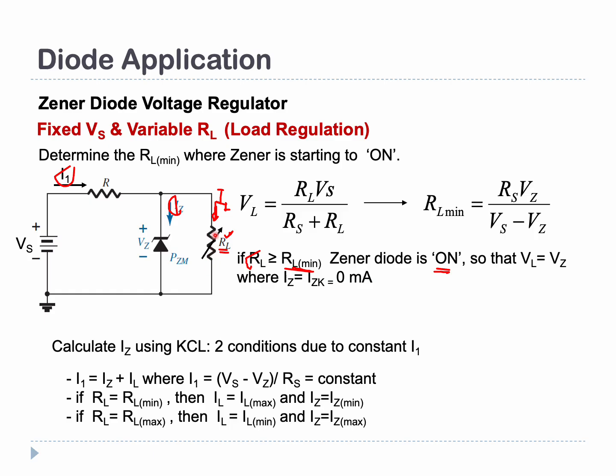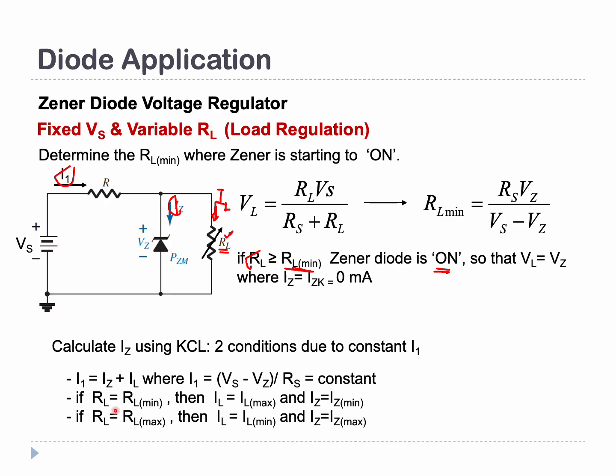If the value of RL is too high, more current will flow at IZ and less current will flow at IL. In some cases IL will be completely zero. But if the value of RL is minimum, with less resistance, what will happen? I think you can guess already. IZ will become zero, and more current will flow through IL. So these are the conditions.